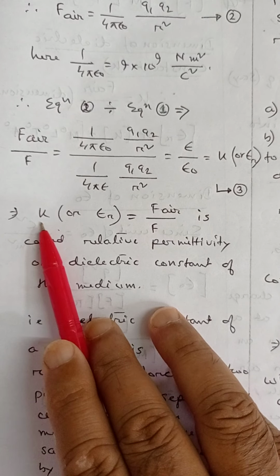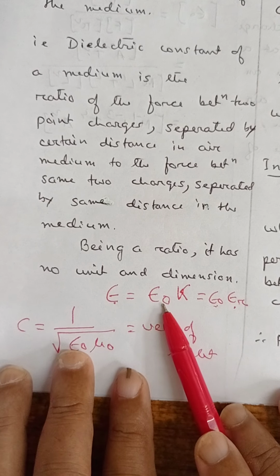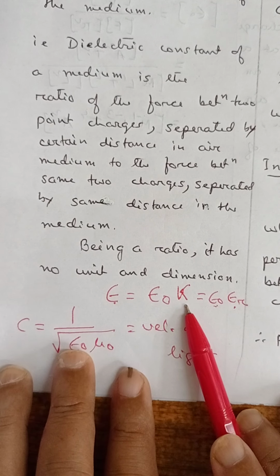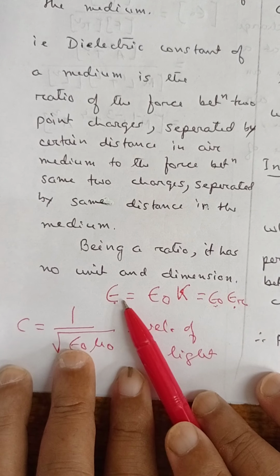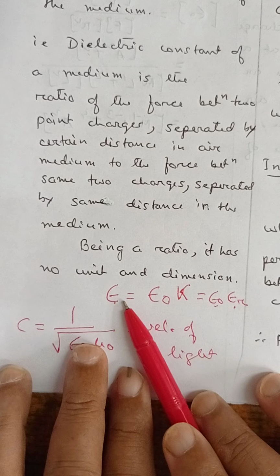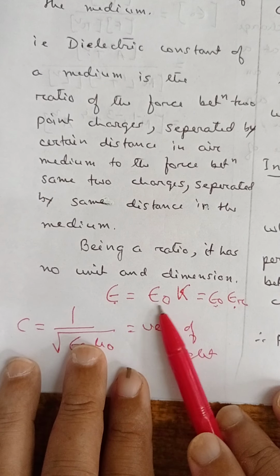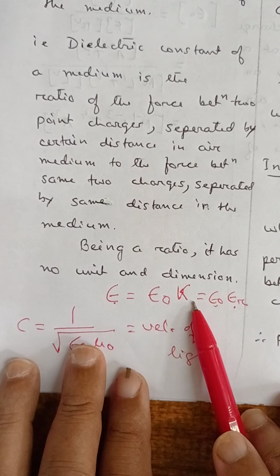That means epsilon can be written as the product epsilon 0 into K, or epsilon 0 into epsilon R. Epsilon, the absolute permittivity of the medium, can be written as the product of the permittivity of free space and the dielectric constant of the medium.